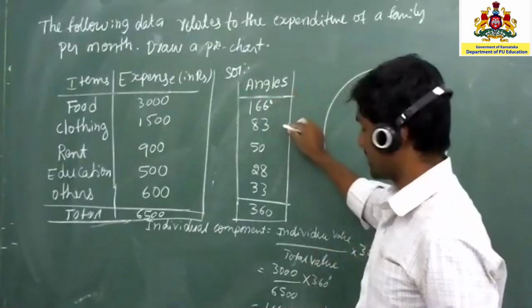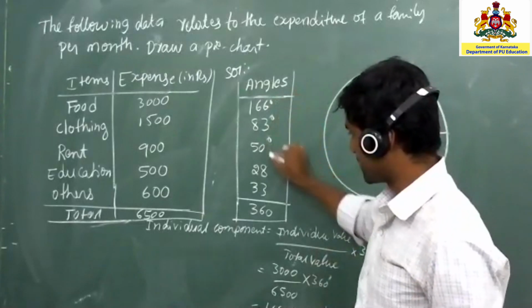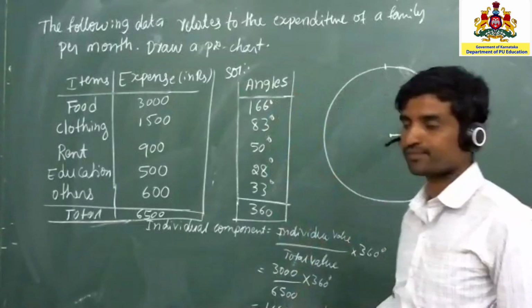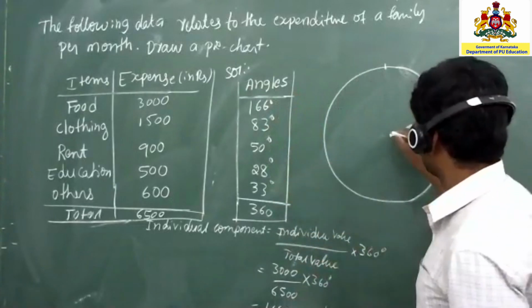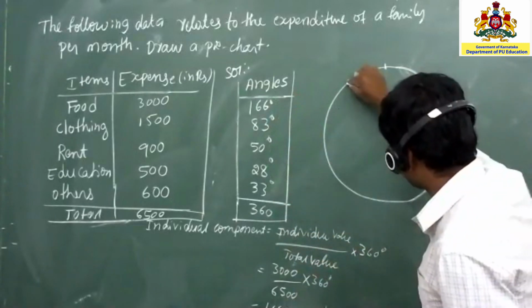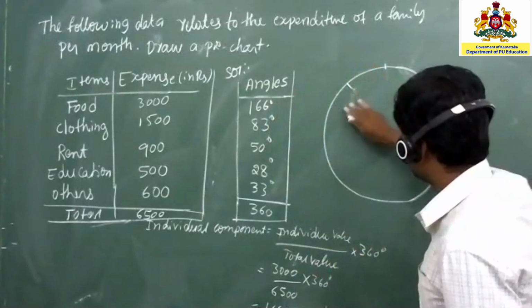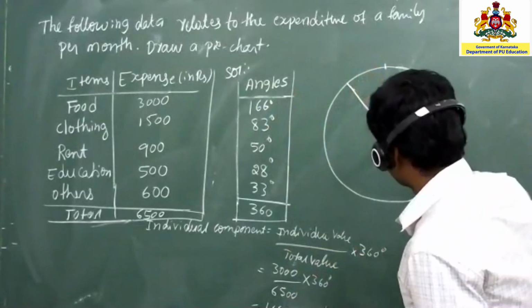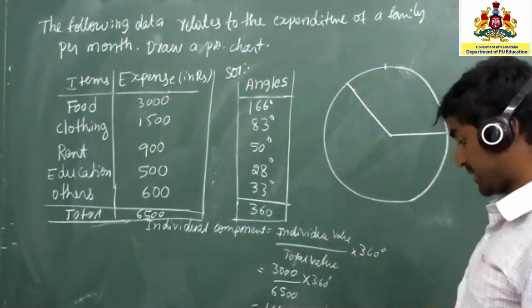166, 83, 50, 28, 33. So I'm doing approximately 166. Next is 83.